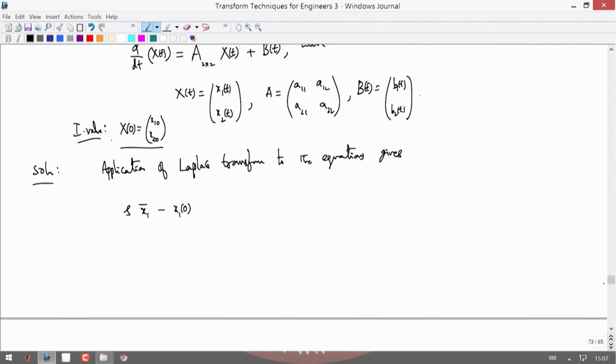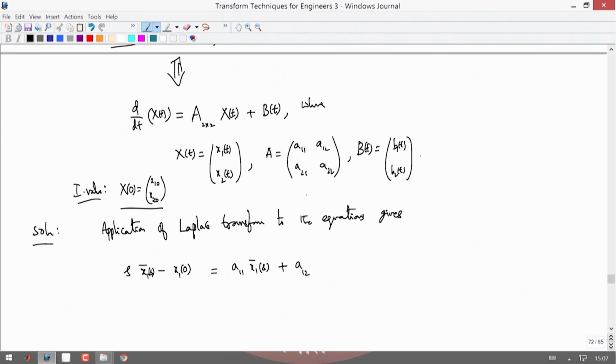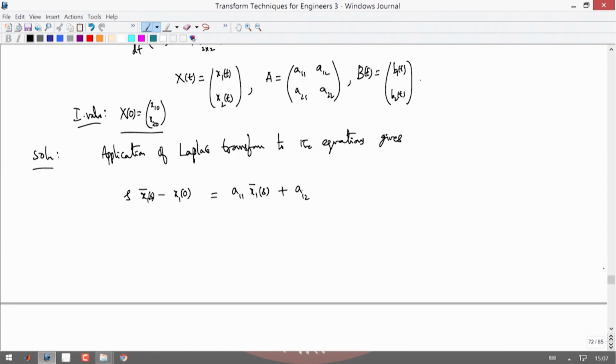Those initial values you use when you apply the transform to the first equation dx1/dt. The Laplace transform of this equals a11 x1 bar, the transforms being functions of s, plus a12 times x2 bar of s, applying the transform to x2 of t as well, plus b1 bar of s.